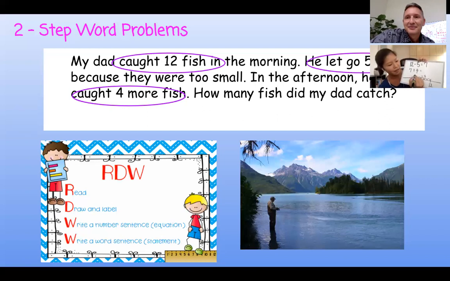But from here, I'm actually going to go this way. 8, 9, 10, 11. So here is where I land. So I went backwards for subtraction, but then I went forward to add my 4. So you kind of see 2 sets of hops.